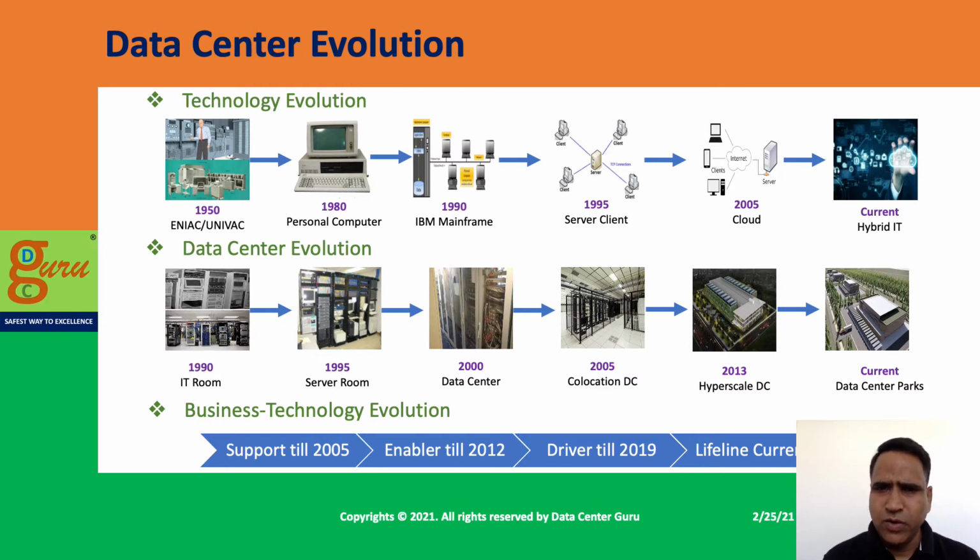This evolved around 2012, when technology became an enabler. It started driving the business of any organization. Then from 2012 till 2019, it was the driver of the business. Most CIOs got linked directly with the CEOs, and a lot of CEOs were also technical people, because technology was really driving the business of the organization.